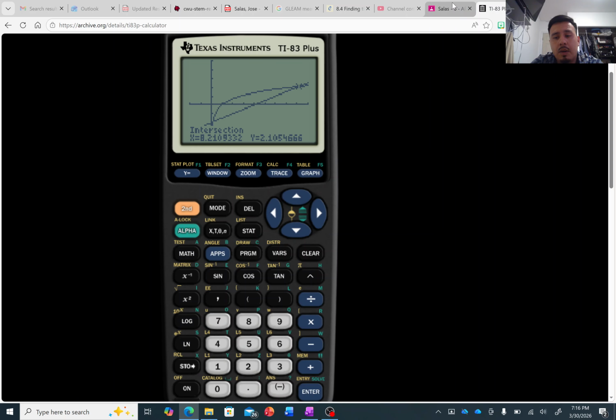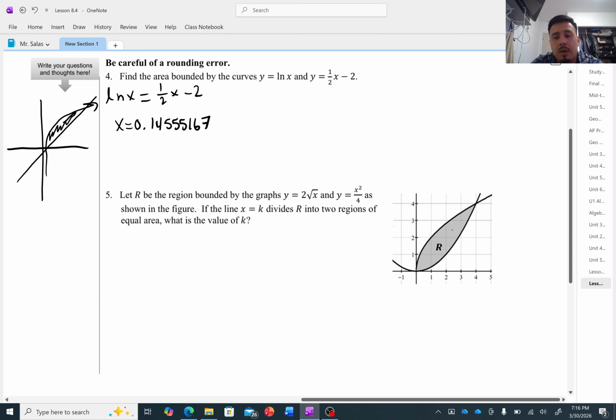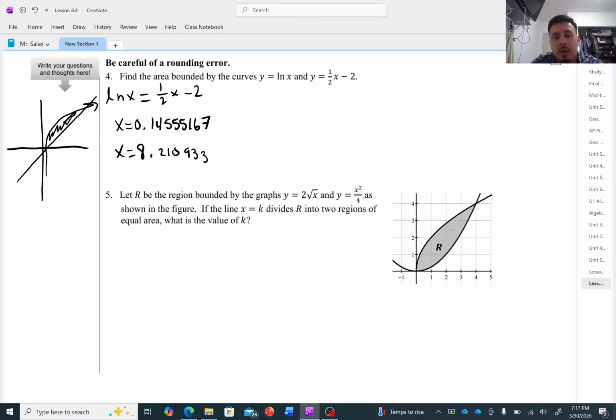Okay, so now I go back to my paper and I write x is equal to 4.2103332. Now I have all of these decimal numbers. What do I have to do with them? I'm going to go ahead and set up my integral.